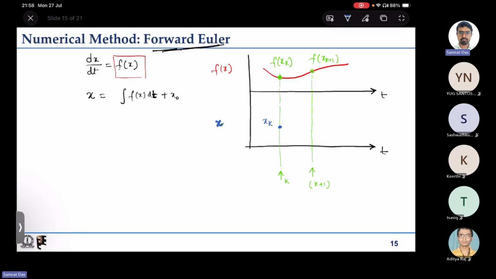Now in the forward Euler method, the value of f(x) at the kth instant will be assumed to carry forward. Between the kth instant and the k plus 1th instant, whatever is the value of f at the kth instant will be carried forward till the next sampling period.